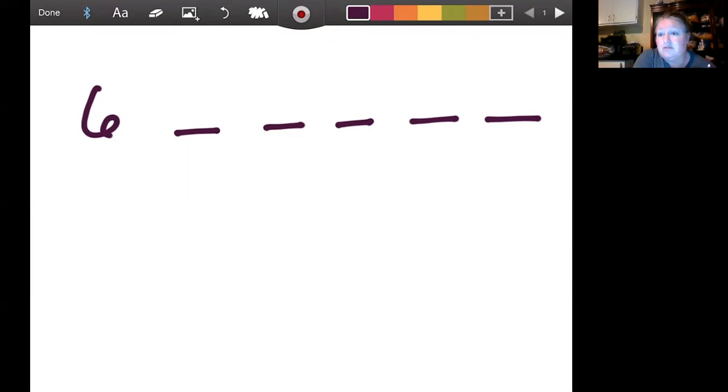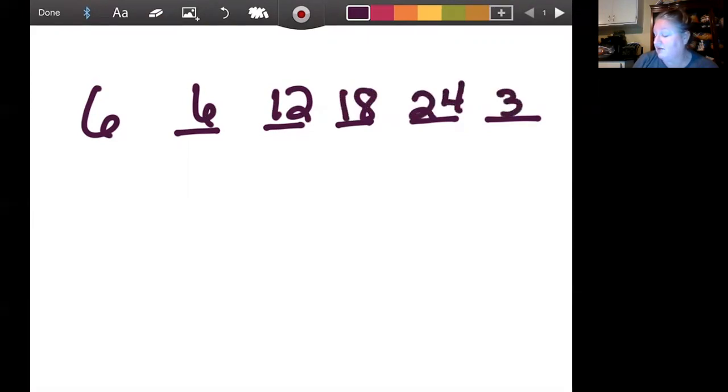And since it's the first 5, we know that's 1, 2, 3, 4, and 5. Multiples multiply. Very easy. All right, so 6 times 1 is 6. 6 times 2 is 12. 6 times 3 is 18. 6 times 4 is 24. And 6 times 5 is 30. So those would be the first 5 multiples of 6.